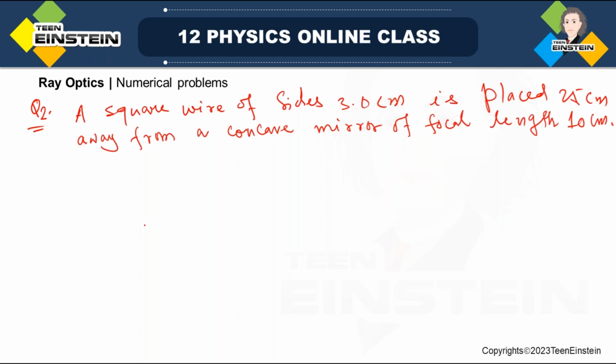What is the area enclosed by the image of the wire?